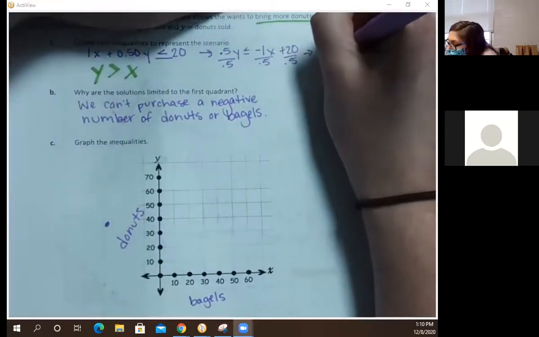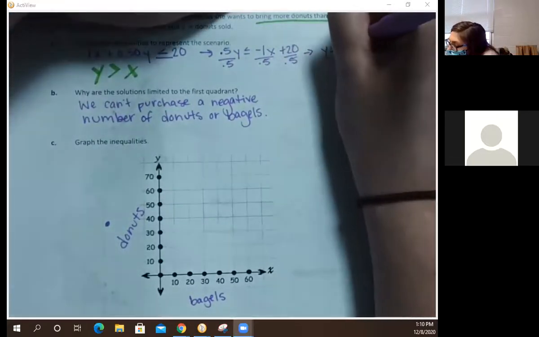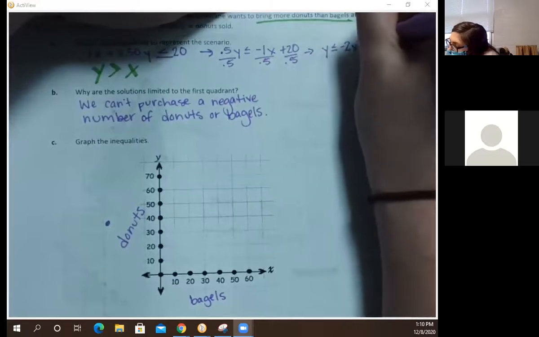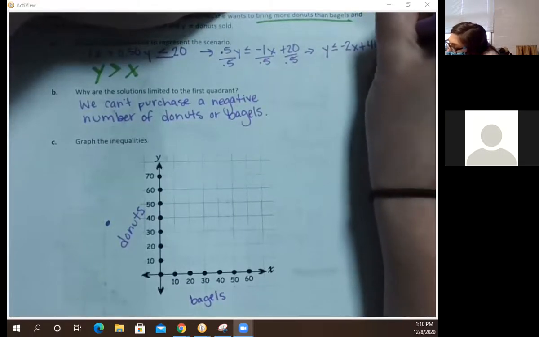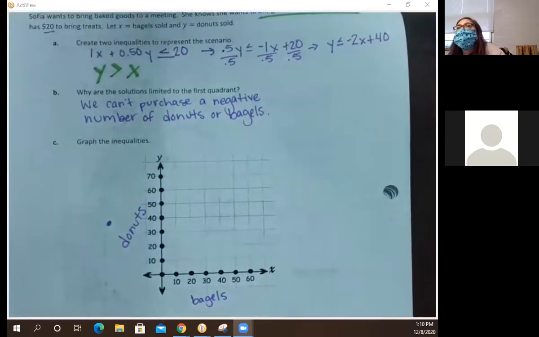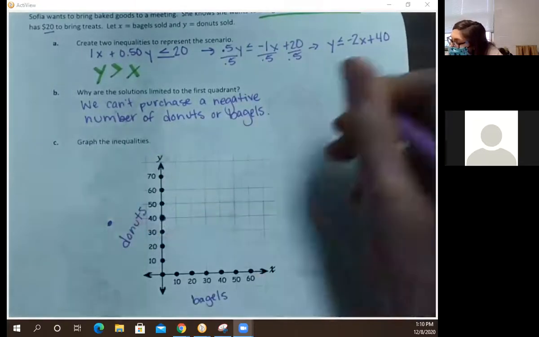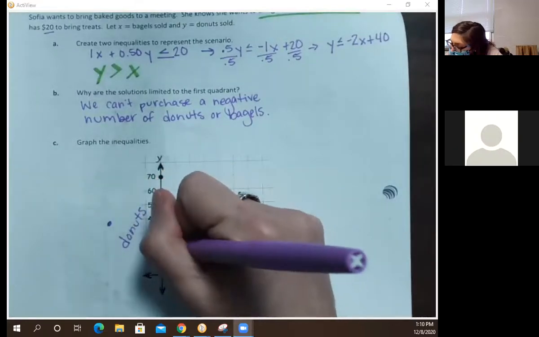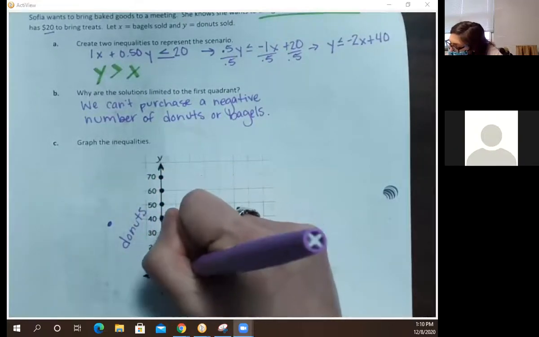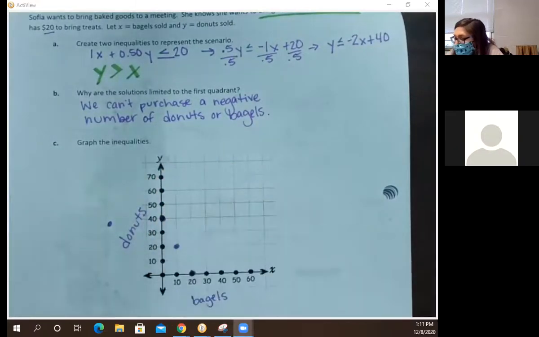So that would give me y is less than or equal to negative 2x plus 40. My y-intercept is 40, and my slope is negative 2. So I'll go down 2 over 1, down 2 over 1.